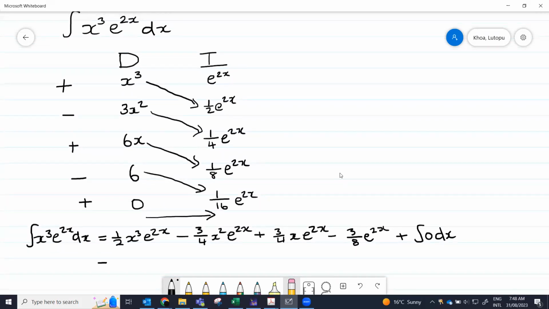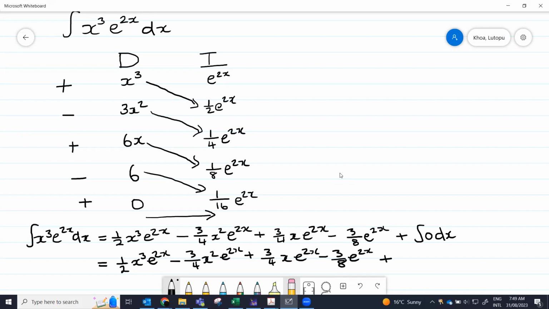So your final answer will be a half x cubed e to the power of 2x minus 3 over 4 x squared e to the power of 2x plus 3 over 4 x e to the power of 2x minus 3 over 8 e to the power of 2x plus the integral of 0, which is C.